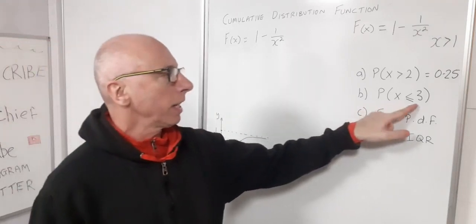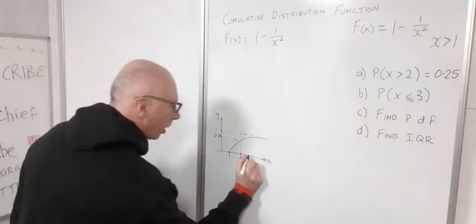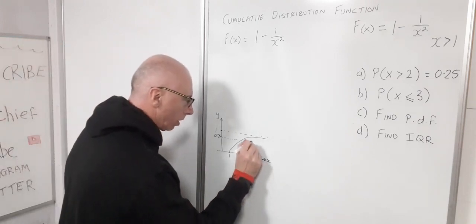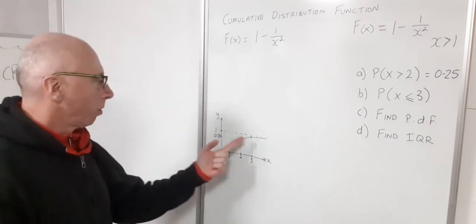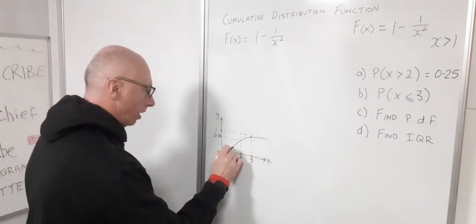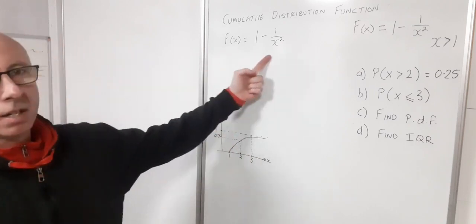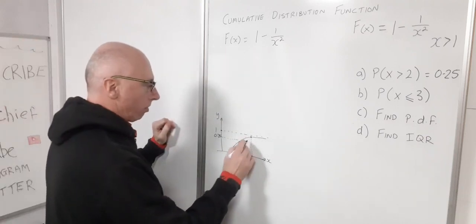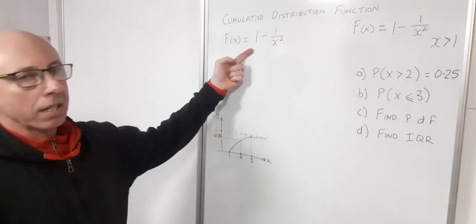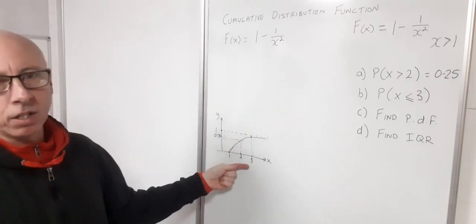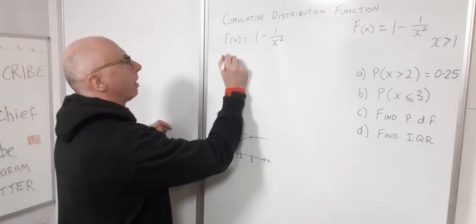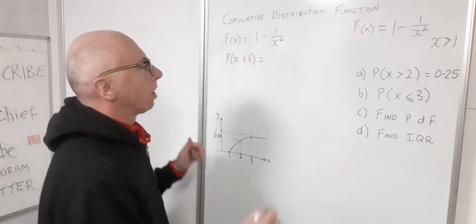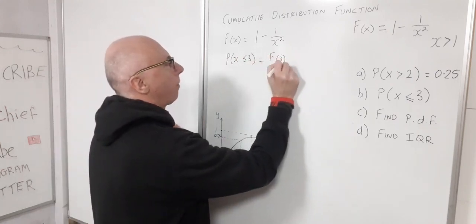Okay, so now for the probability x is less than or equal to 3, let's go to our graph, put in the value 3, follow it all up, and we get to this value here. So we want all of these values here, all along this. Now, as this is typically the integral of our PDF, what we're looking for basically is the area under the curve of our PDF. So as that's our integral, we just need to plug in our value 3. So the probability x is less than or equal to 3 equals F of 3.